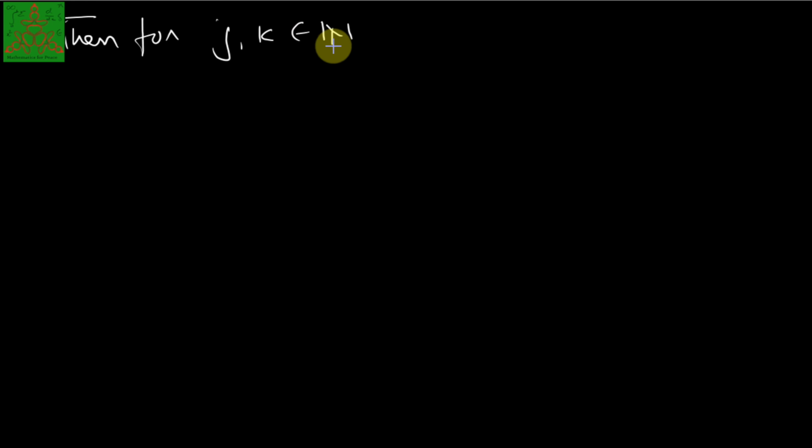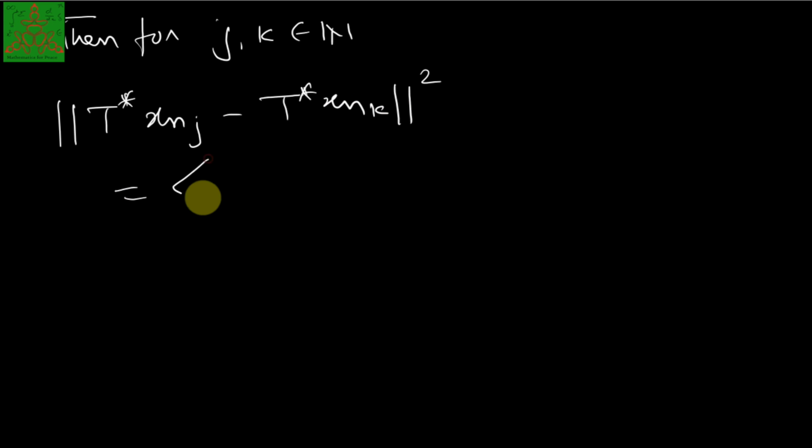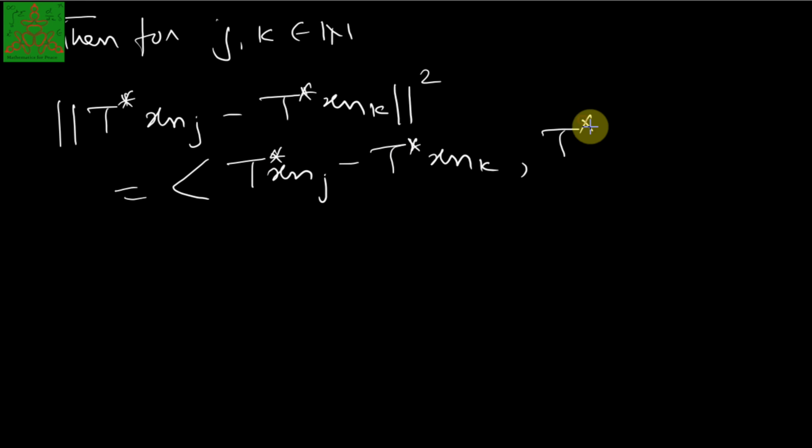I'll start with that. Again, I'm starting with the Cauchy sequence, that is T star of x_nj minus T star of x_nk. By the definition of this norm, this is nothing but the inner product of T star of x_nj minus T star of x_nk, with T star of x_nj minus T star of x_nk.